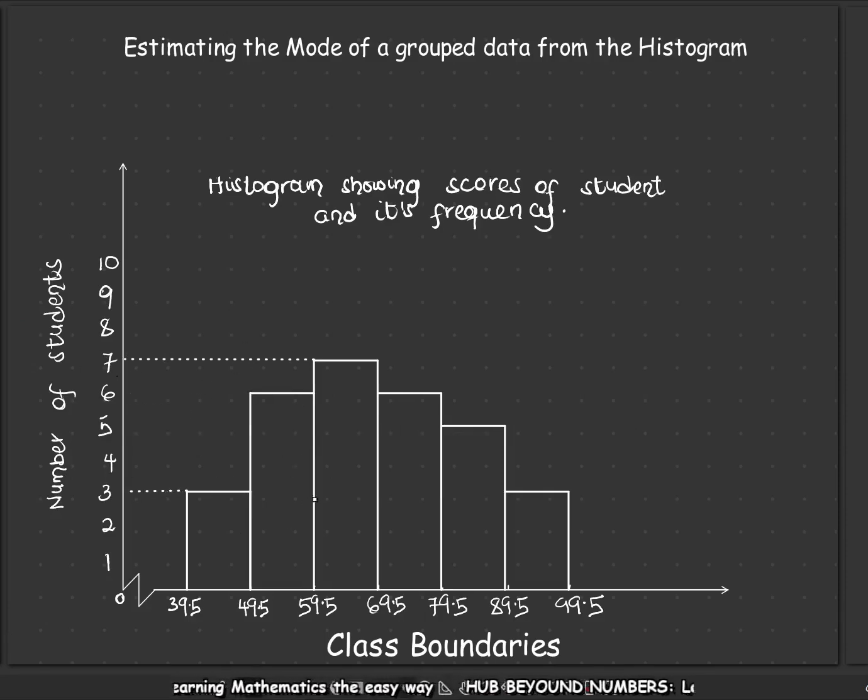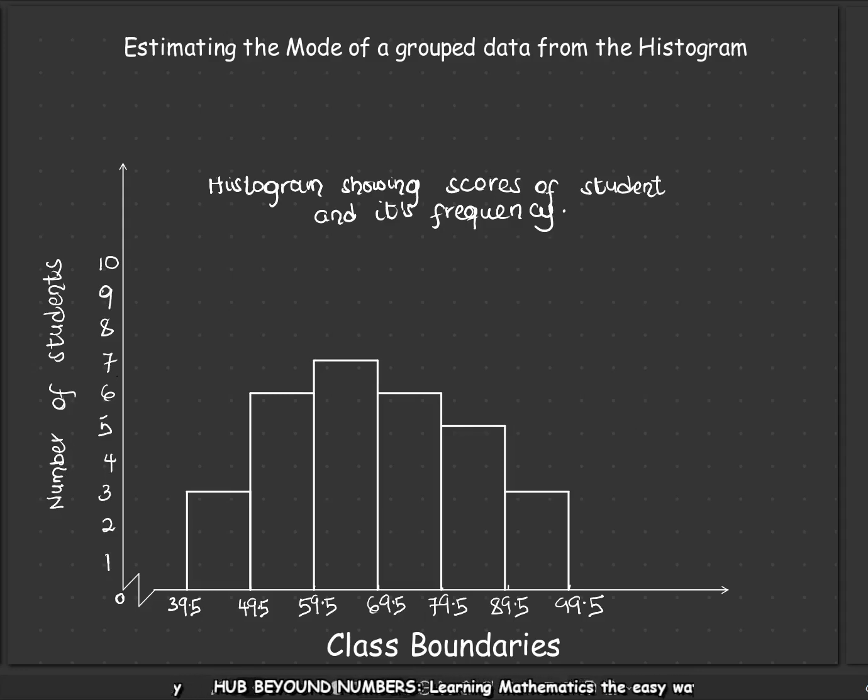That is this class over here, 59.5 to 69.5. It becomes our modal class, because it is the class with the highest frequency. If we have the modal class, we now want the mode itself.